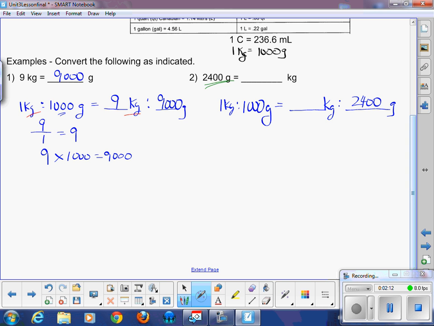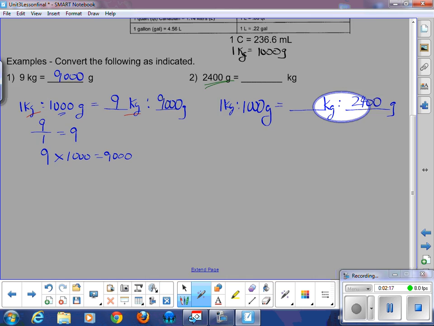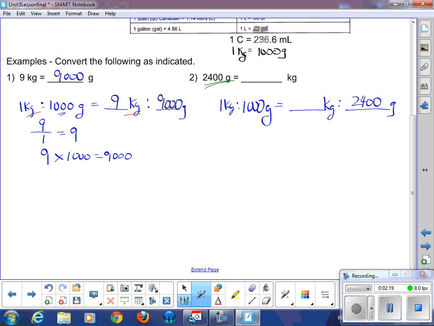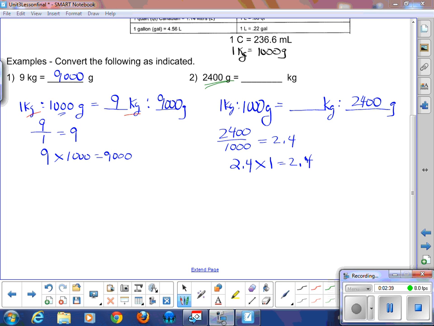When I talk about numbers being by themselves, on this side of the ratio there is only one number provided. So we take 2,400 divided by its corresponding value, the 1,000. Using the calculator, we get 2.4. We take that number and multiply it by the remaining number, which is 1, and we end up with 2.4. That's our final answer.